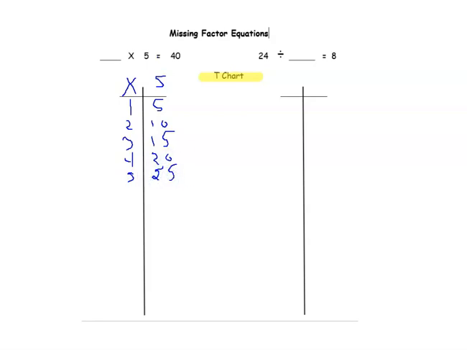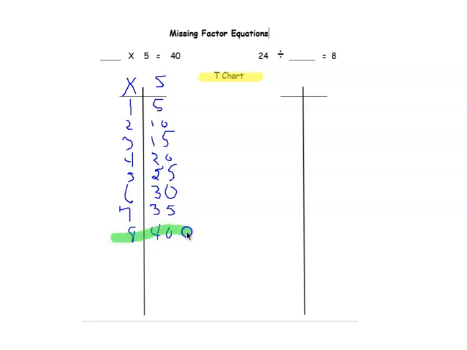Not a very good 2. 6 times 5 is 30. 7 times 5 is 35. 8 times 5 is 40. Wow, I found my answer, didn't I?